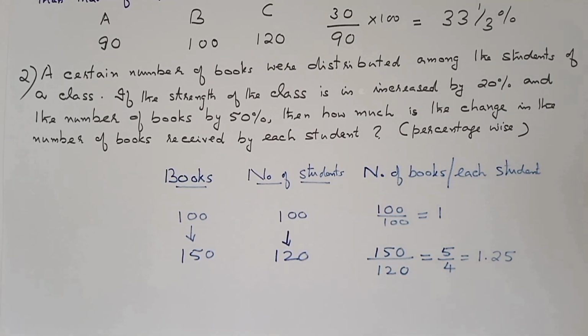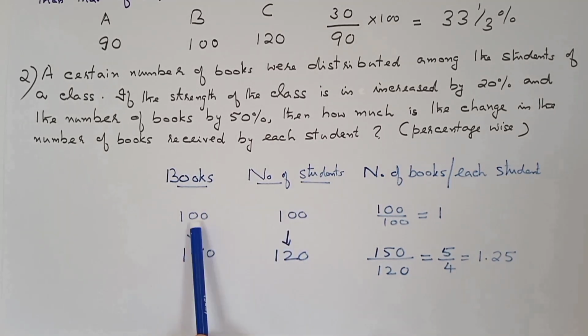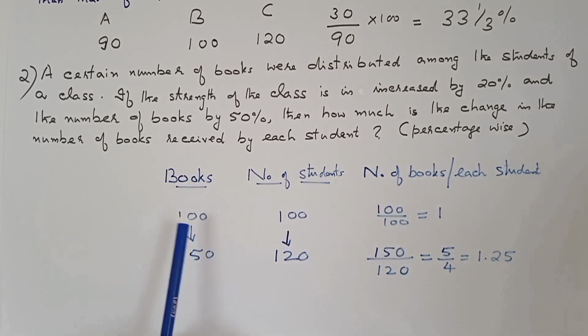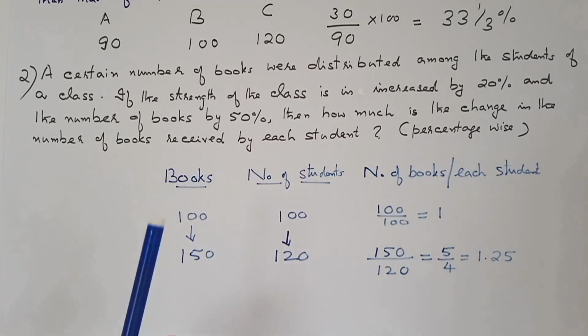As you know, the number should be a positive integer, but this turns out to be a decimal only because of the initial assumption we have made. See, we don't know whether the number of books and number of students are really 100. So based on that assumption, you're getting a decimal, but it doesn't matter. You're not looking at the actual increase, rather you're looking at the percentage-wise increase.